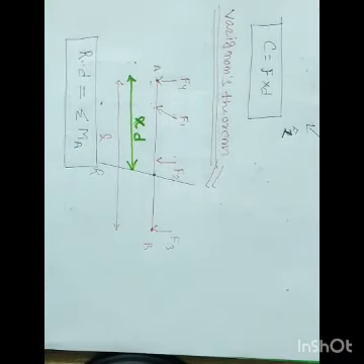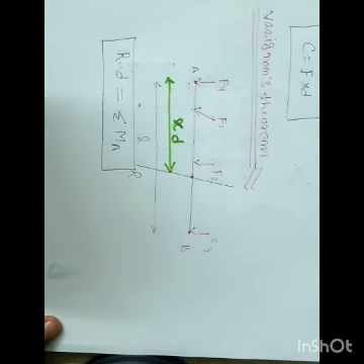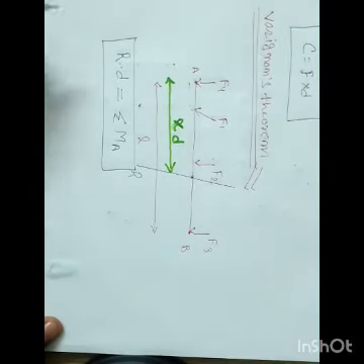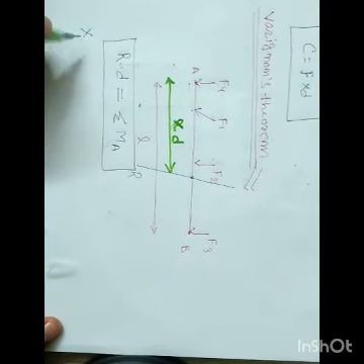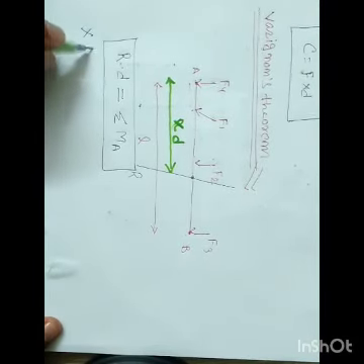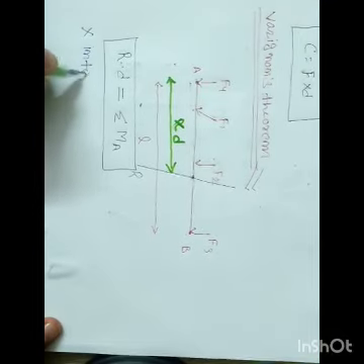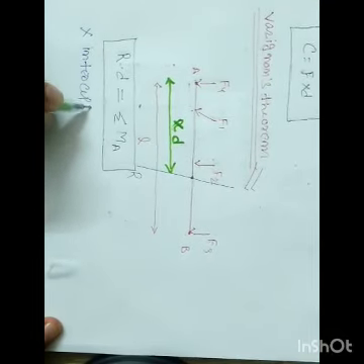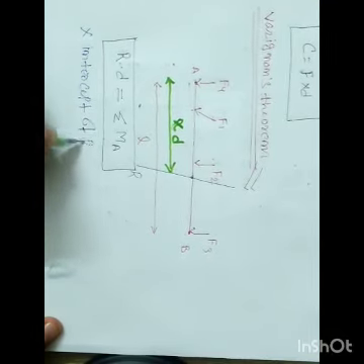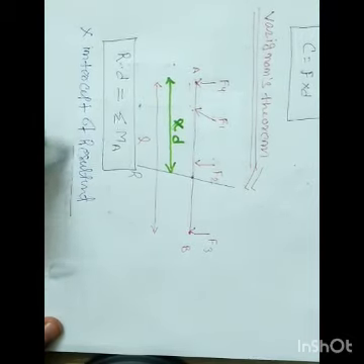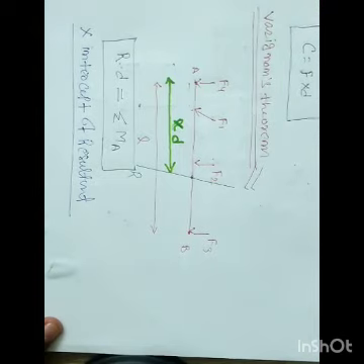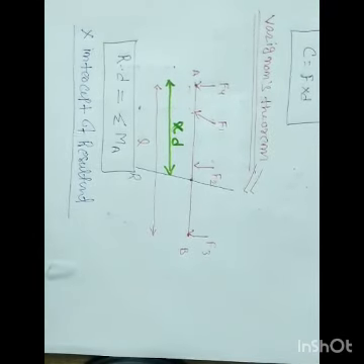In some cases we have to find the x and y intercept of the resultant. What is the formula for finding the x intercept of the resultant?